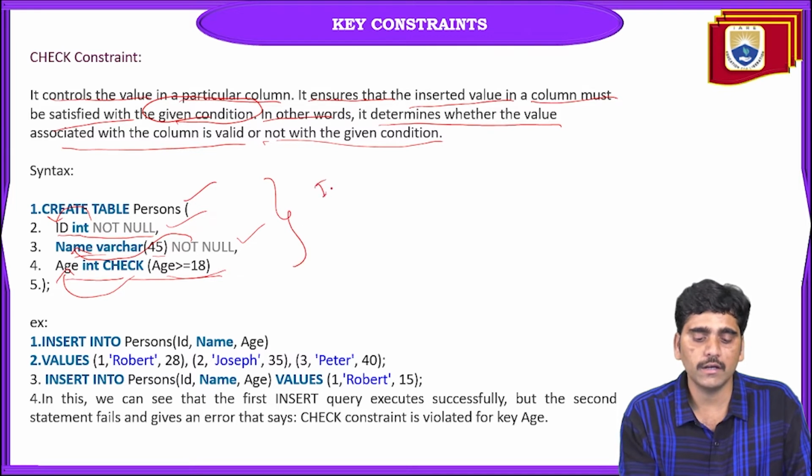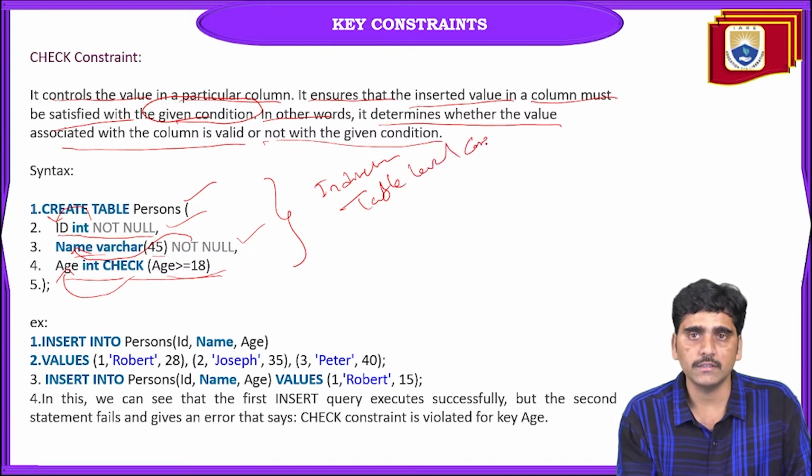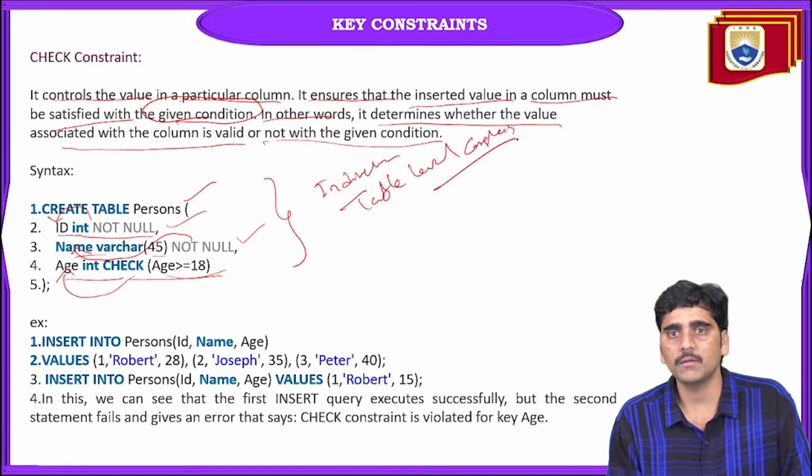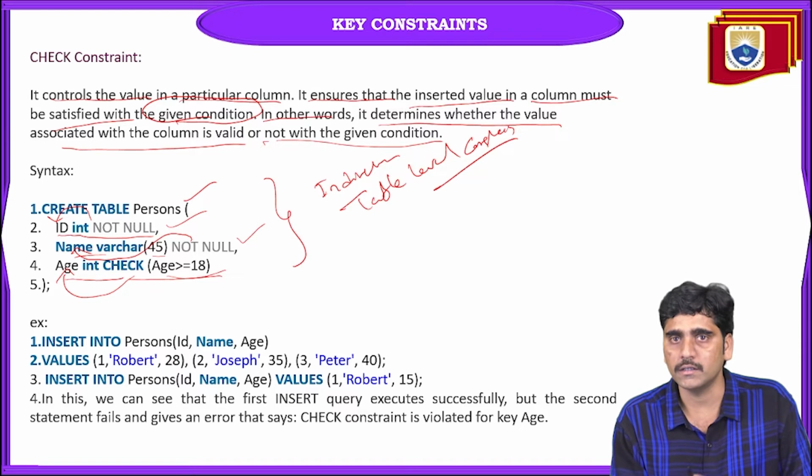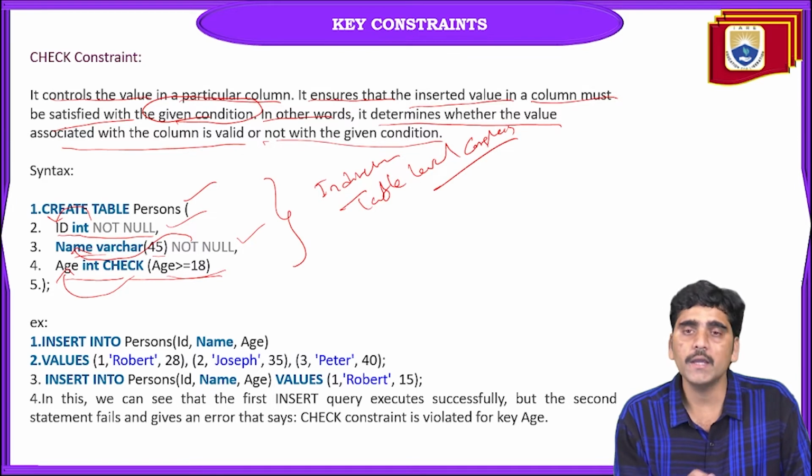indirectly you can say that it is a table level constraint. Table level constraints means that in the table, all the columns have constraints. So ID is not null, the name is not null, and the age has a check constraint.